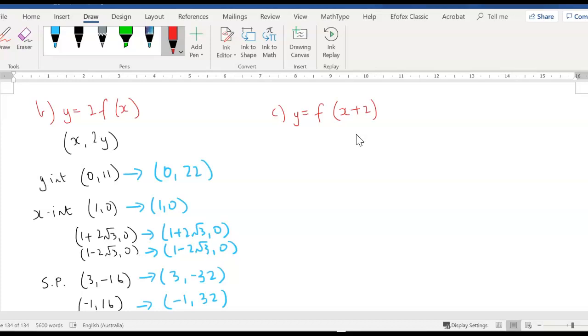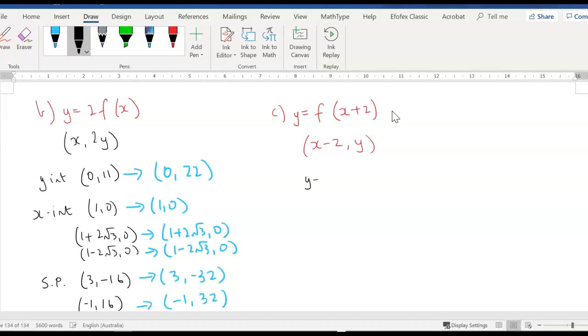So that means your coordinates are going to be x minus 2 and your y doesn't change. Okay, so your x coordinate now changes, but your y stays the same.